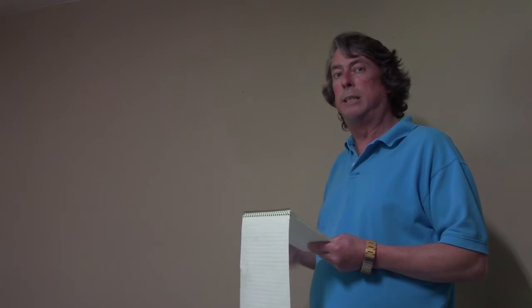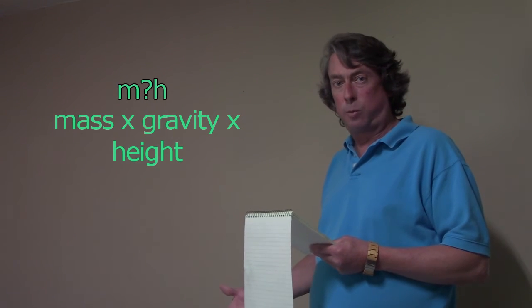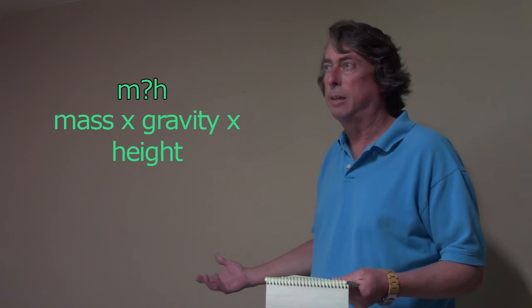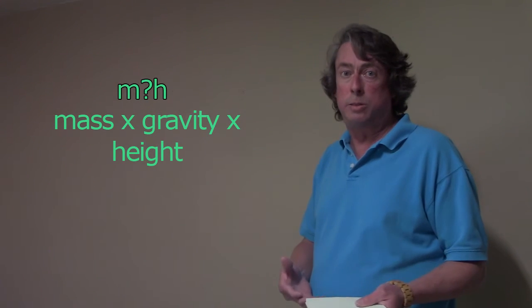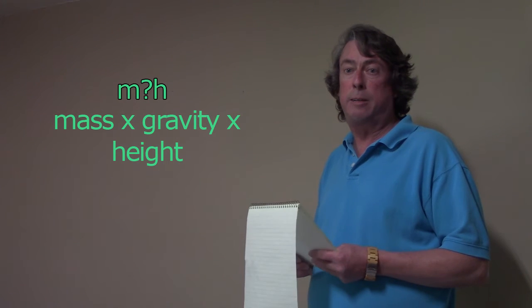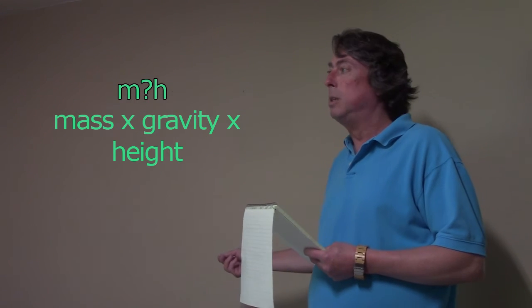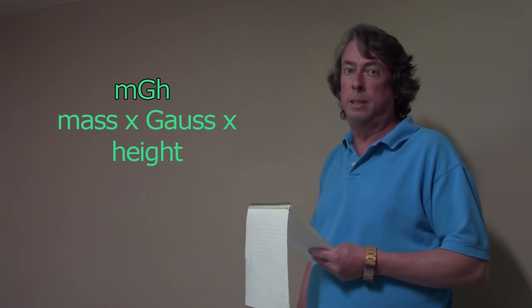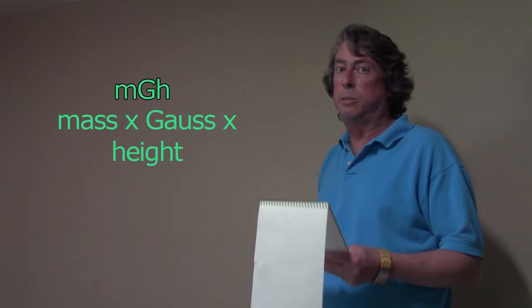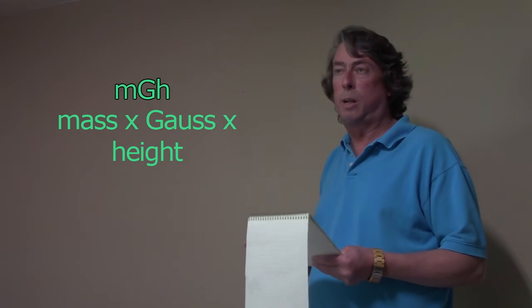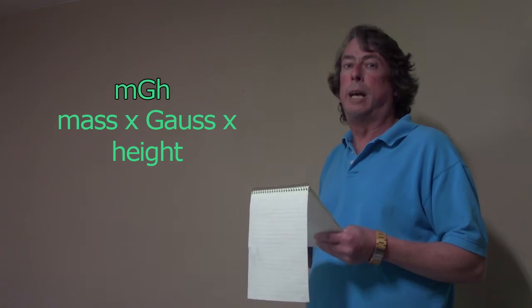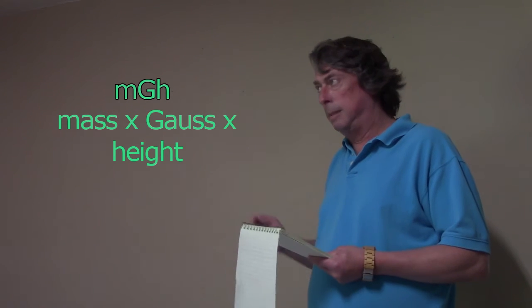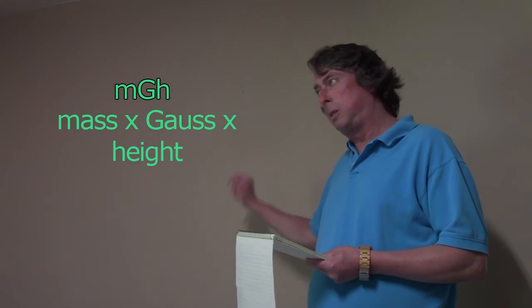Instead, we'll be using magnetic flux in this formula. Well, what's magnetic flux? Well, flux is gauss. The strength of a magnetic flux field is measured in gauss. So we can say gauss instead of gravity. Now, our magnetism is going to have the same exact relationship with mass that gravity does. So mass is not going to change here. We can still have the mass.